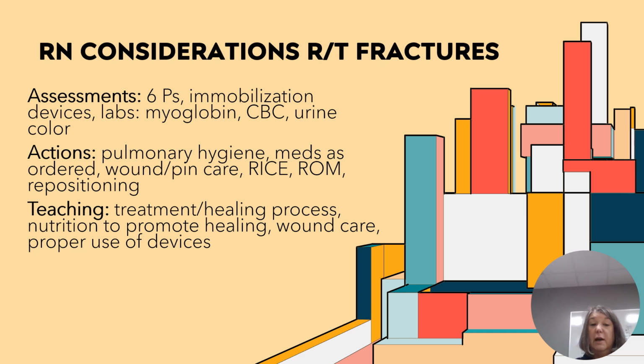We're going to do a lot of labs. We're going to look at myoglobin related to rhabdo, creatinine, creatine phosphokinase, CPK. That is released with any muscle breakdown, and it is increased with rhabdo. So we're going to be looking at that also.